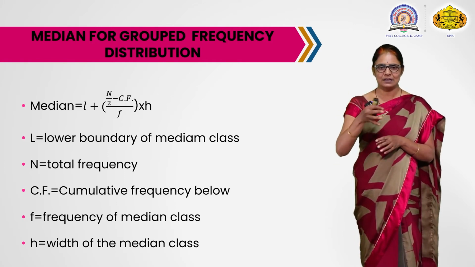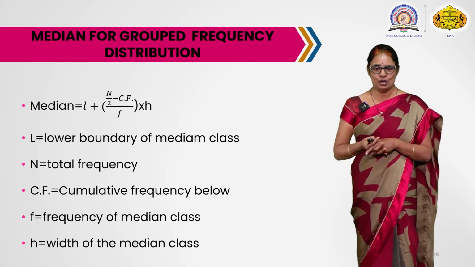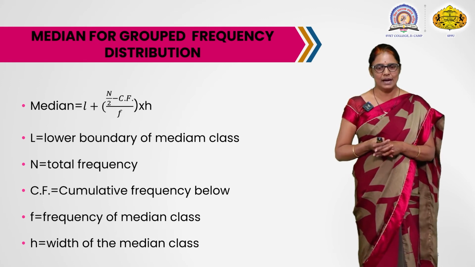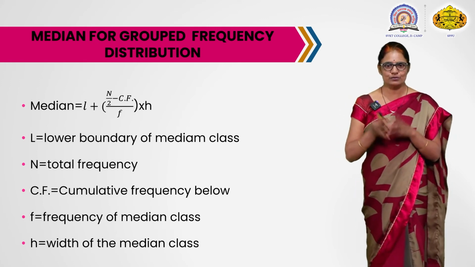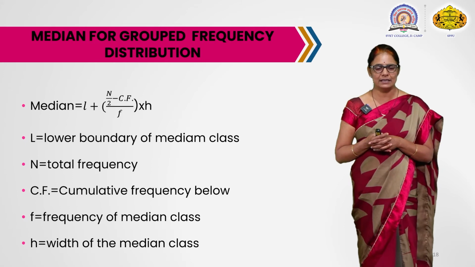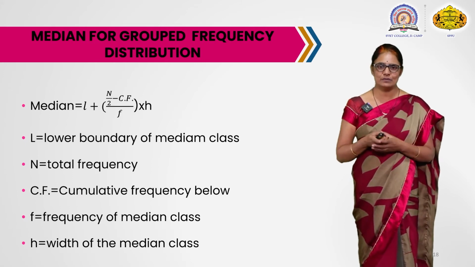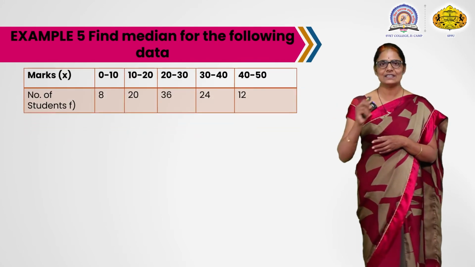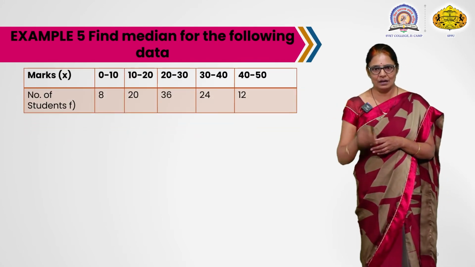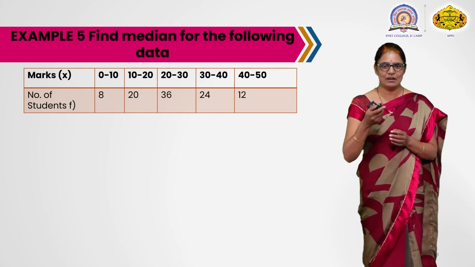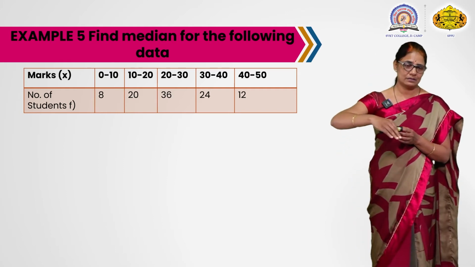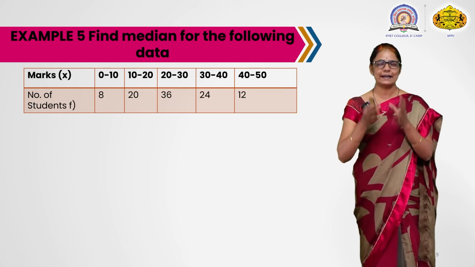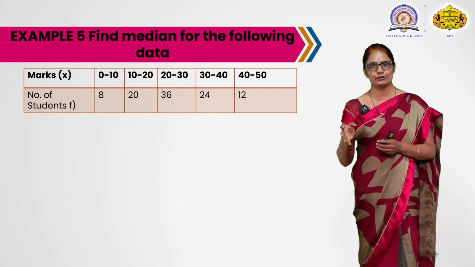So the question here is how to find the median class. We know that the median is nothing but the middlemost observation, and to find the median class, first we have to find the cumulative frequency, as usual the less than cumulative frequency. Now we consider one example. By taking one example we will clear all these symbols also. To find the median class, first we have to find N by 2.